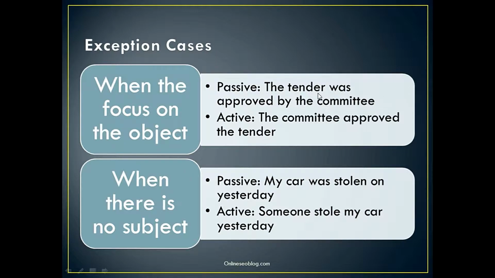So placing the tender first makes more sense than the committee approved the tender. The thing on which the emphasis is put must come first. So in some cases, when the focus is on the object, the passive voice works best.